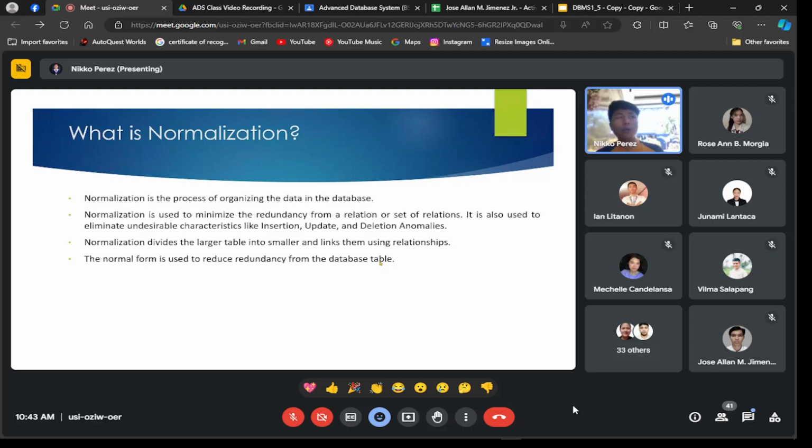That's why it requires a number of normal forms before we can accomplish our desirable output. This will also be the guide to look back at what happened on the first normal form, the second normal form, and the following normal forms, so that you can craft the desirable design of your database.